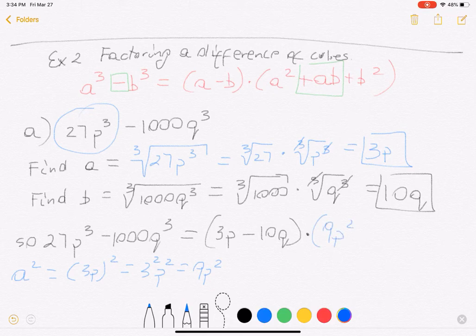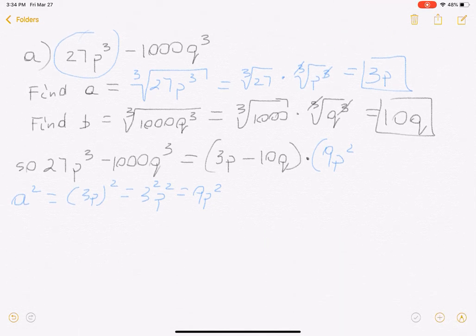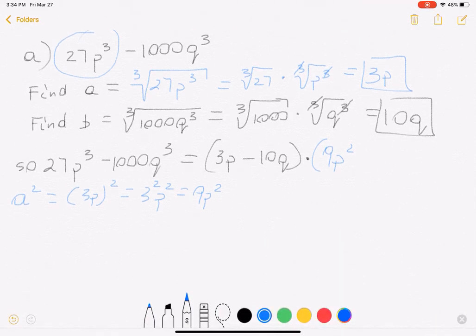Next, I need to calculate positive a times b. So let's evaluate that. a times b. Again, in our case, a is equal to 3p. So I'm taking 3p multiplied by b. b, in our case, is 10q. 3 times 10, we're getting 30pq.